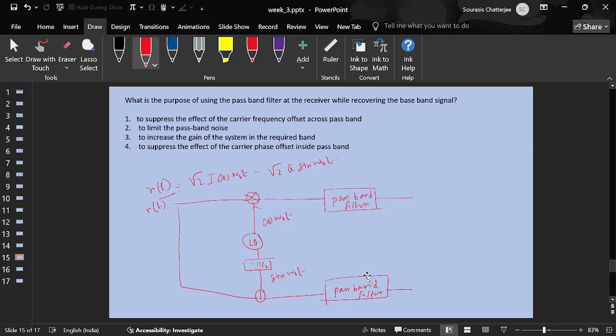The passband filter is actually not a band pass filter. So okay, let's try to see it in a different way. Your r(t), that is root 2 I cos omega naught t and all that, is this a passband signal or a baseband signal? Baseband.